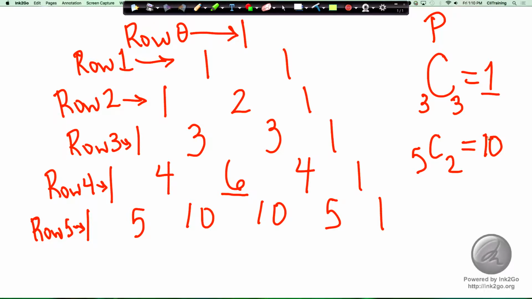Now, there's another aspect of Pascal's triangle that is also very interesting. Sometimes students may not want to go through the addition process to produce each of these numbers. And there's another approach that we can use. I'm going to clear the board now, and we'll look at what that looks like.